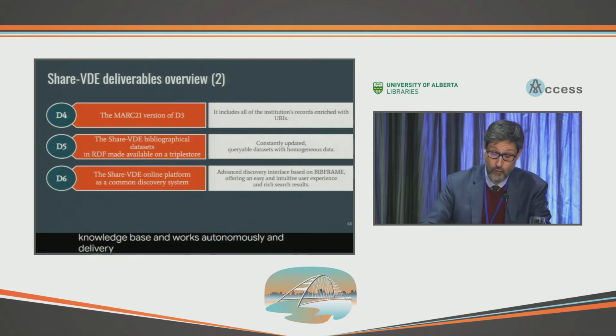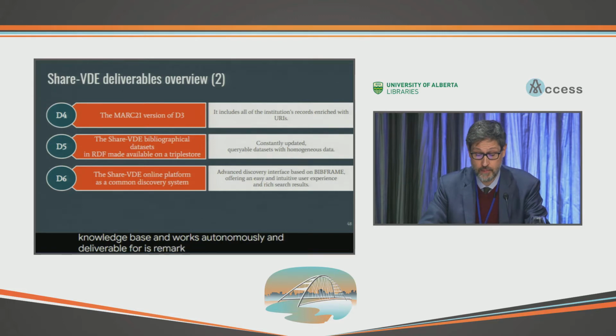And deliverable 4 is the MARC version of deliverable 3, that means it includes the URIs. Deliverable 5 is the Share VDE bibliographical dataset made available on the triple store. And deliverable 6 is the online platform.